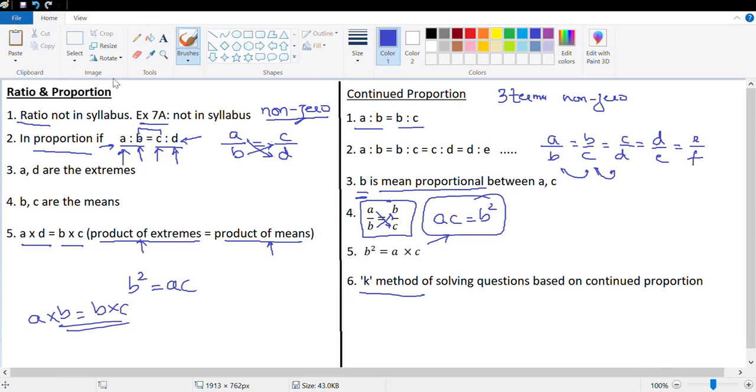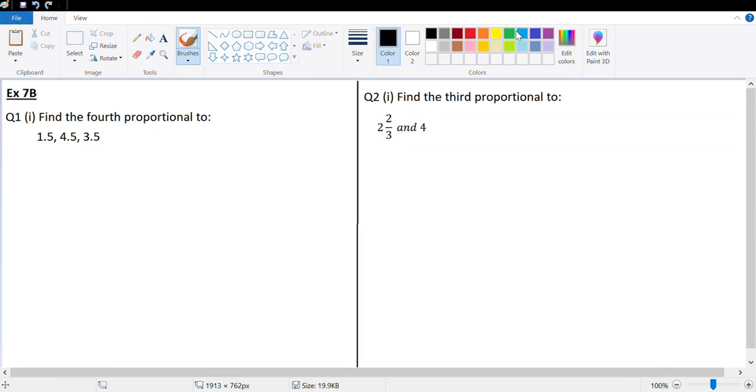So the first question that we solve is question number 1, part 1. It says find the fourth proportional, which means we're looking at 4 terms and the first 3 terms are given. We need to find the fourth term. So let the fourth term be x.